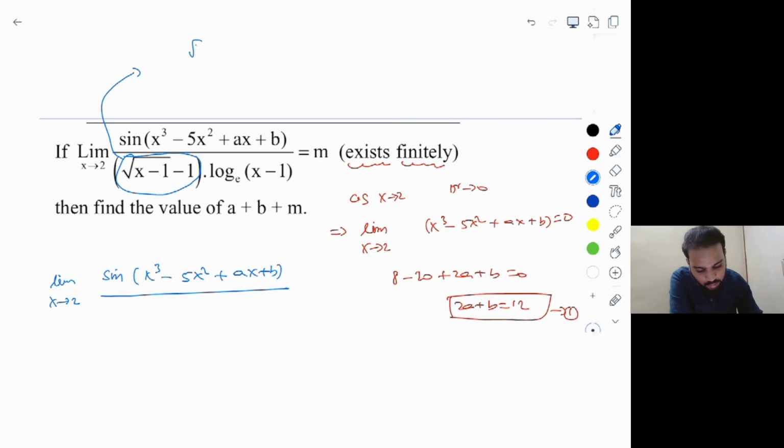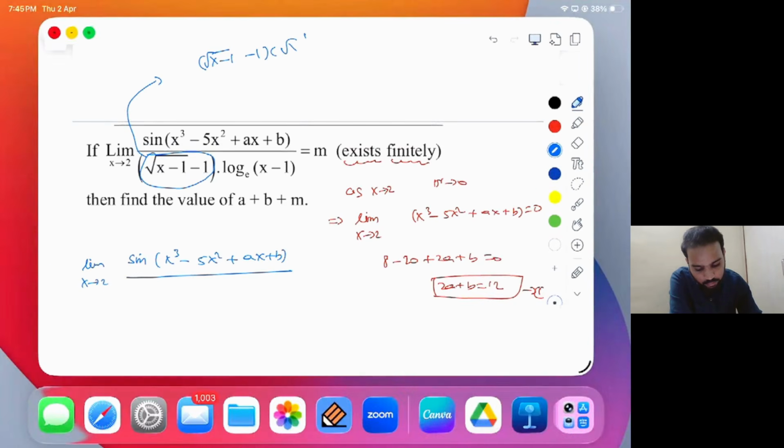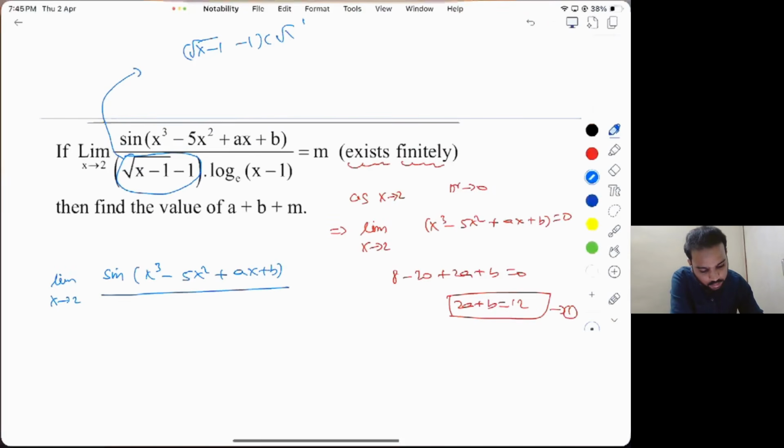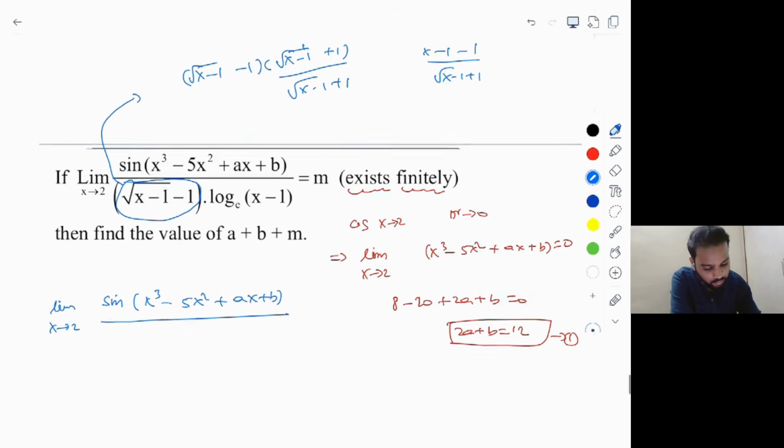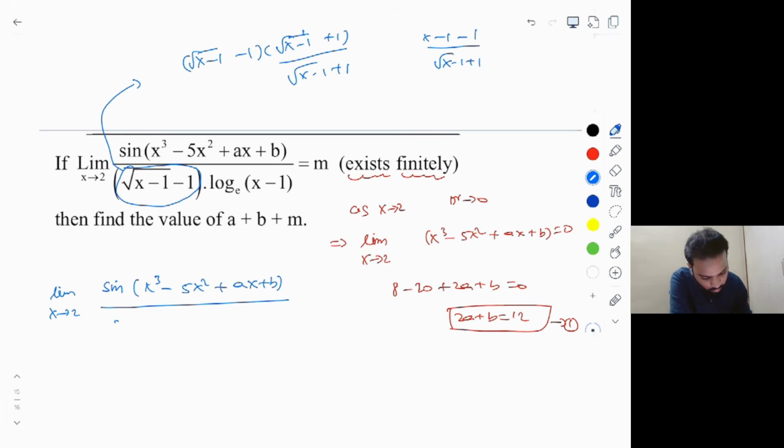So if I rationalize, this will be root of x minus 1 multiplied by root of x minus 1 plus 1, whole divided by root of x minus 1 plus 1. So the numerator is going to be x minus 1 minus 1, which is x minus 2, divided by root of x minus 1 plus 1. I'll tell you why this rationalization is important.